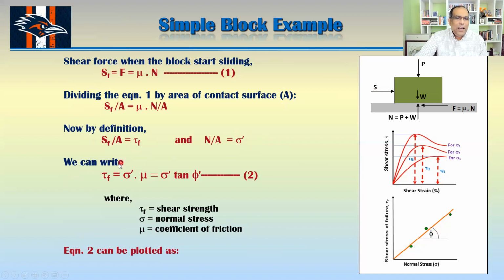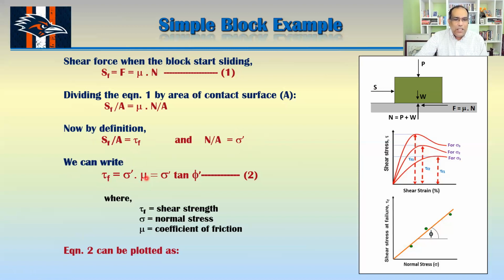So you can write that tau_f, the shear stress just before failure or at failure, is equal to the normal stress multiplied by mu.